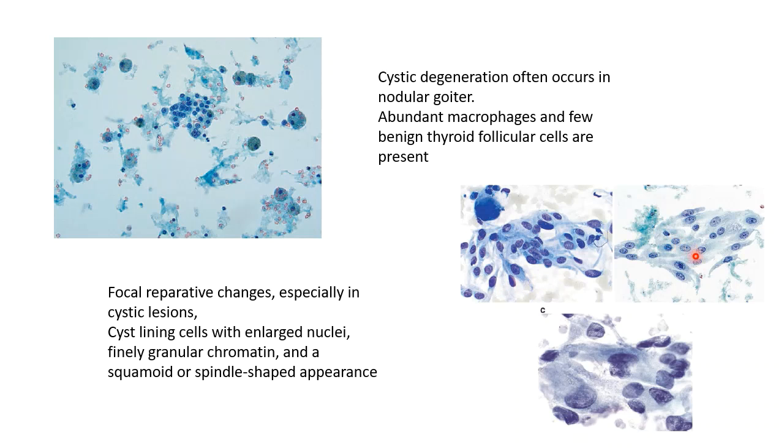Here the cyst lining cells will show atypia. They can have enlarged nuclei, granular chromatin, and they can have a spindle-shaped or squamoid appearance, which is known as tissue culture appearance. So these changes should not be mistaken for malignancy. However, if extensive changes are seen with nuclear clearing, grooving, then a possibility of malignancy should be ruled out. And if there is extensive atypia, they can be kept in the category of atypia of undetermined significance.